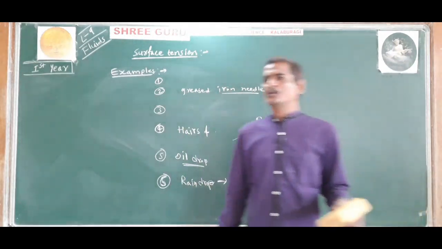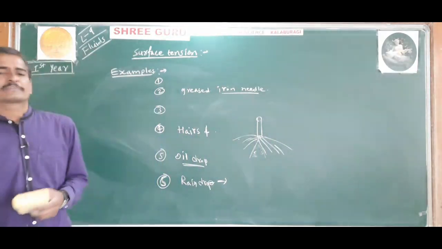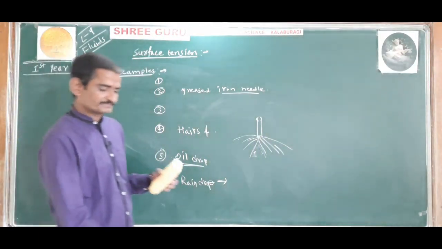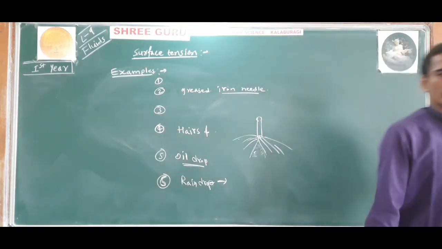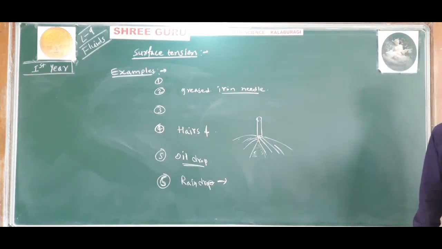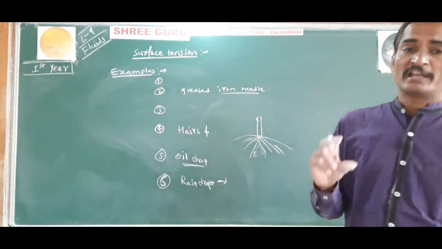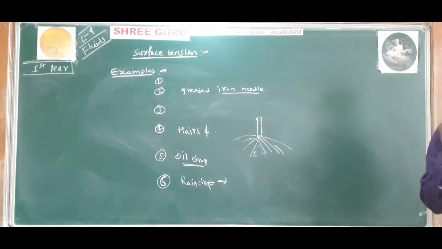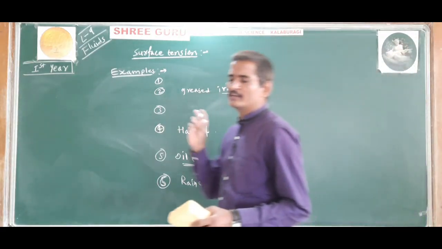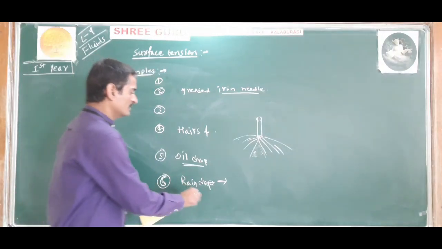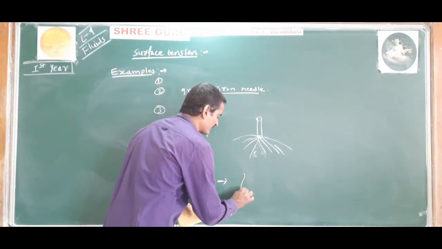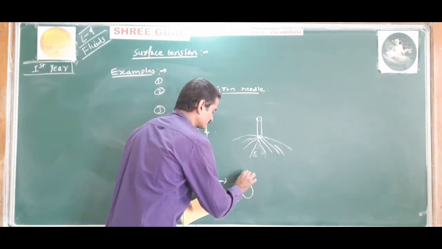Understood? And one more thing you can note. In the absence of gravitational force, a liquid drop will be a perfect sphere. It will look like a correct sphere. Whereas the shape of the raindrop is something like this.